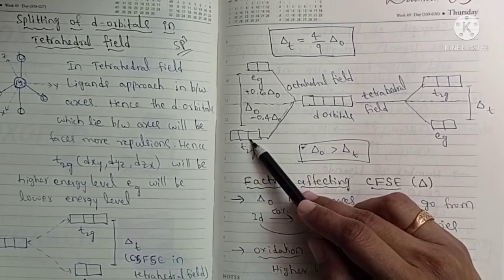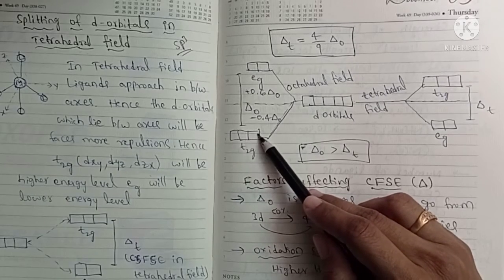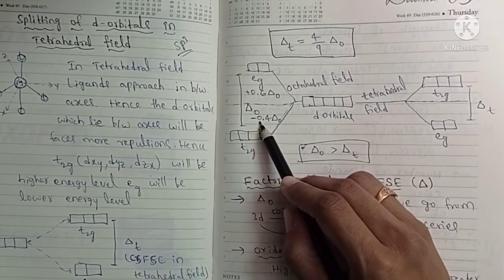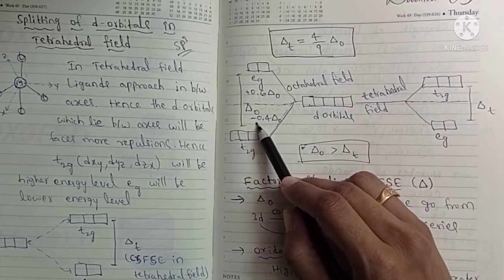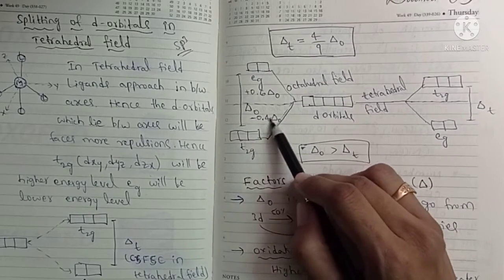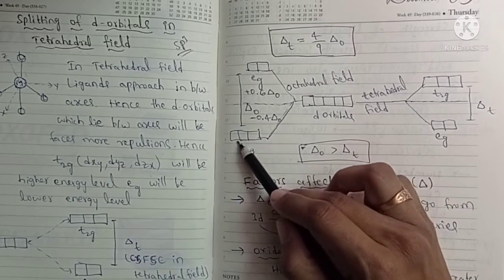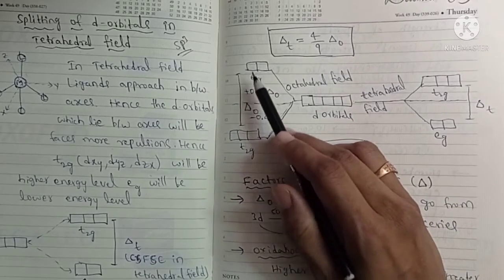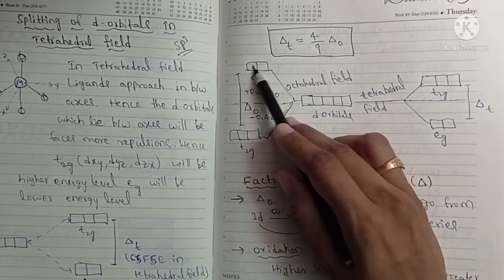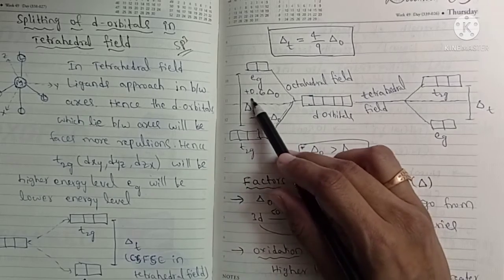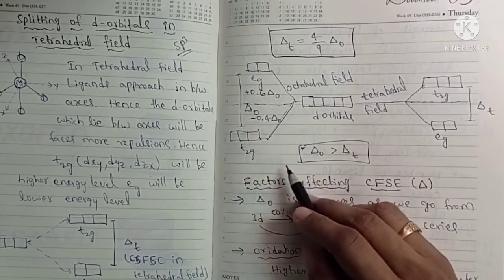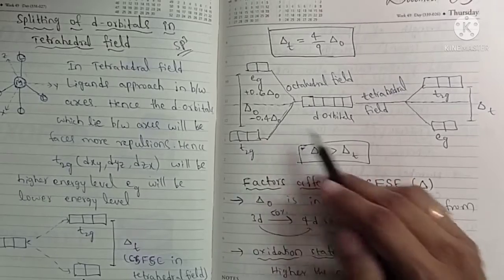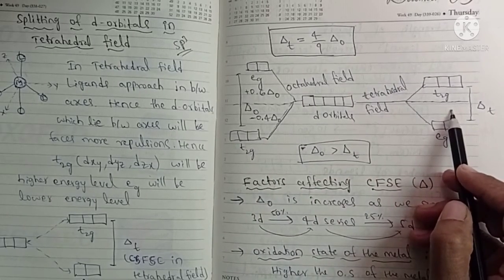Okay, because here 3, so while calculating the CFSE value, we have to take this value minus 0.4 into the number of t2g electrons plus 0.6 into the number of eg electrons. So these values will be useful in the calculation of CFSE in the case of octahedral field and also in the case of tetrahedral field.